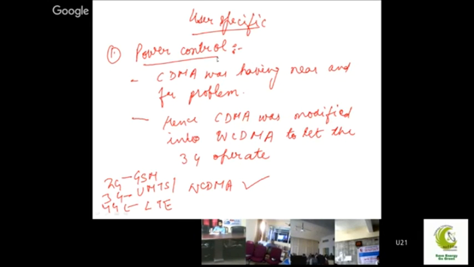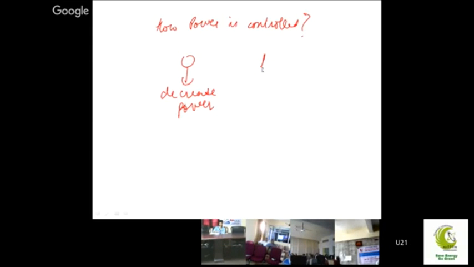Now how is power controlled by the network in case of 3G? It is very simple, very easy. There are two options, 0 and 1. If we want to decrease the power, press 0. It is not that we would be pressing, the network will be pressing.